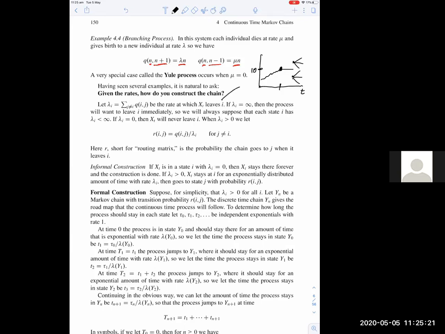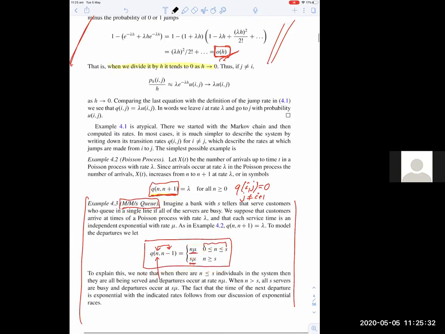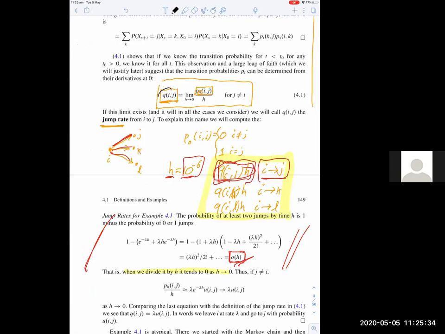So these are motivating examples, and now we're asking how we construct the chain. If you think of these q_ij's as rates of coin flips, then you can have a coin flip that puts you here, a coin flip that puts you there, and another one there. So add up all the rates, and that's the total rate of actually doing something.